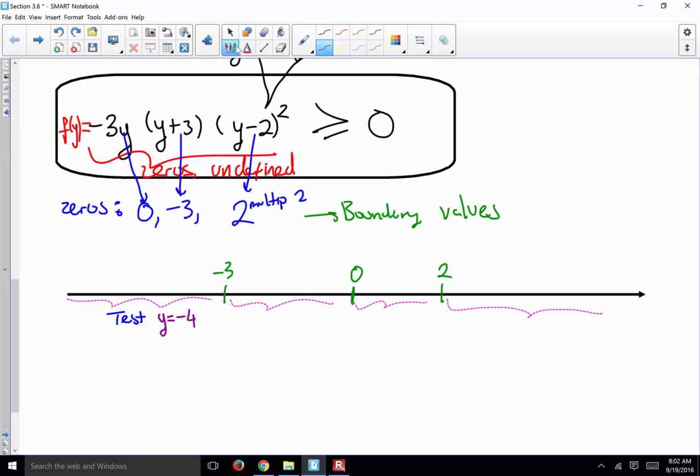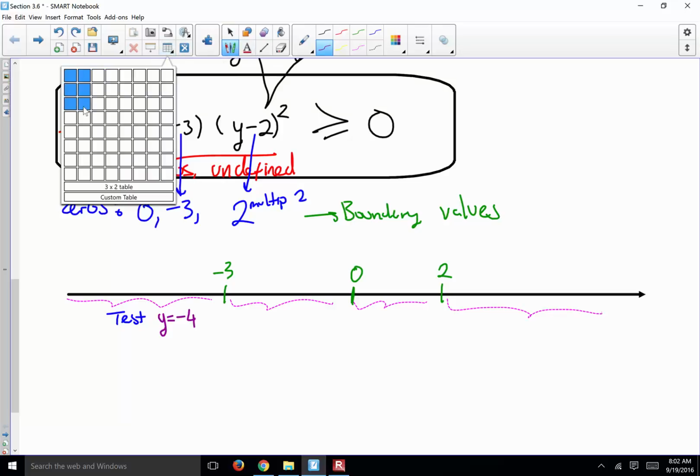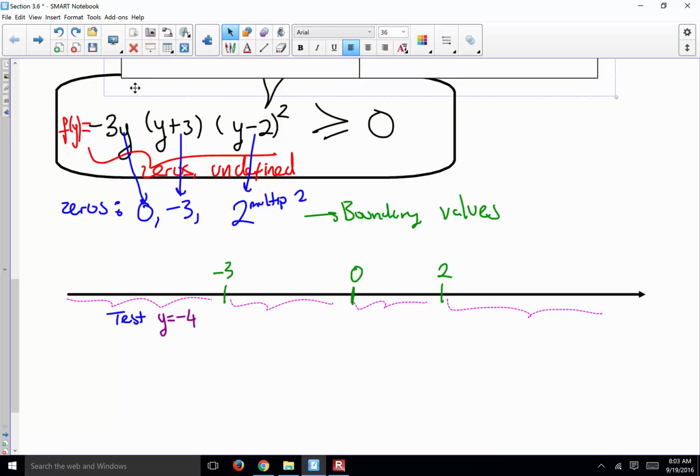So I actually like doing that with a table. You have four intervals to test. I need 4 columns.